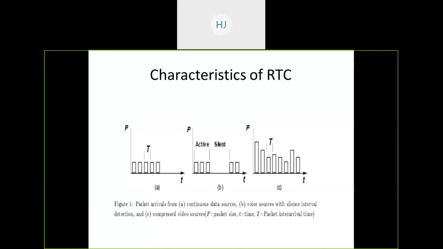Constant bit rate means fixed-size packets arrive at the destination at determined intervals. Certain real-time applications such as air traffic control generate data which has few redundancies and which is too important to lose.